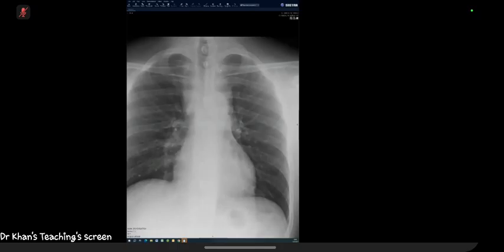You usually see them tracking up. Yeah. So this one is very lucent here. Then you didn't say smooth margins. If it's in the lung, not in the mediastinum, the margins aren't that smooth. This is quite smooth. The density is soft tissue, but there is no calcification. Those are the kind of points you needed to talk about.